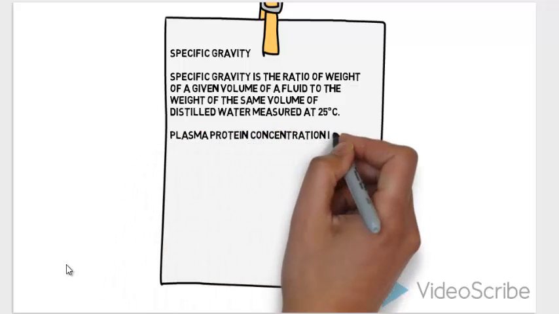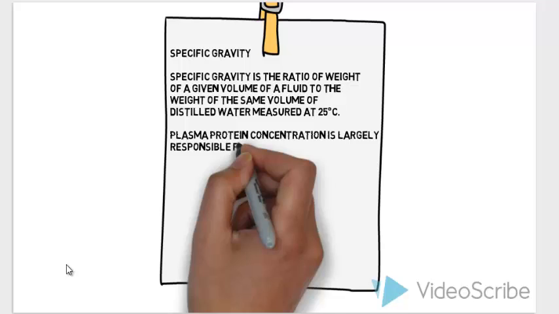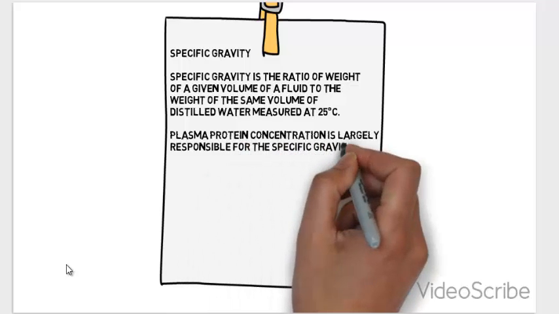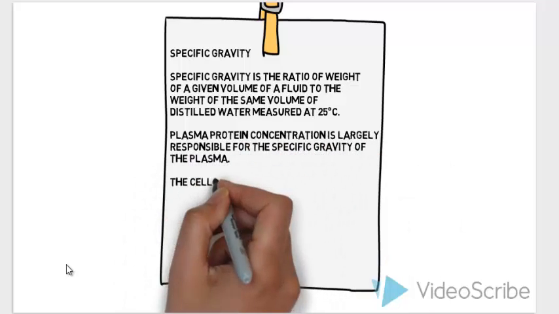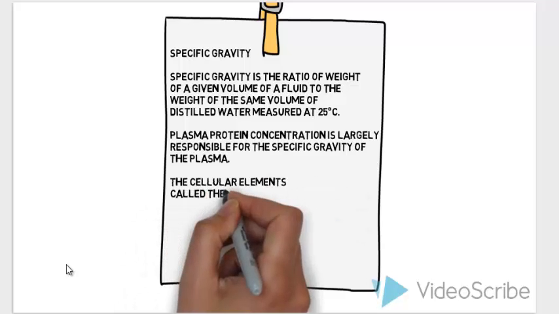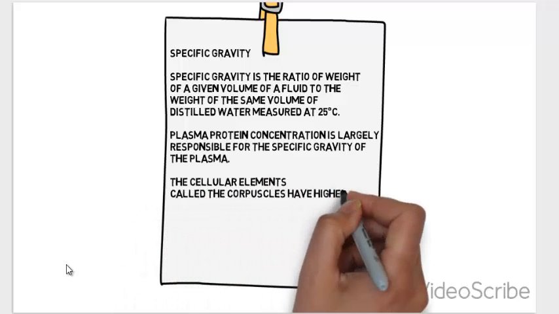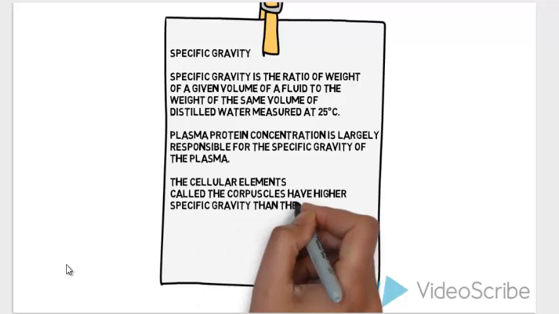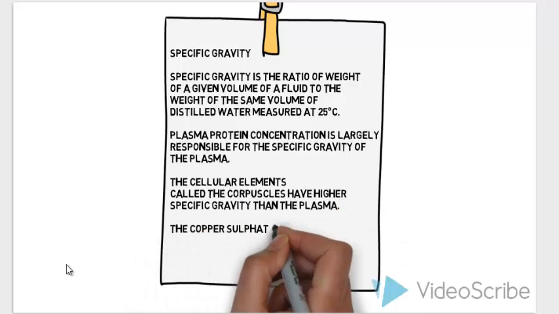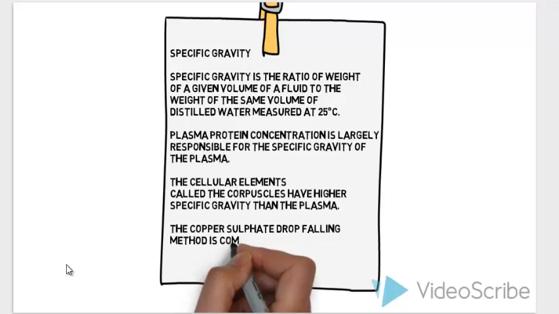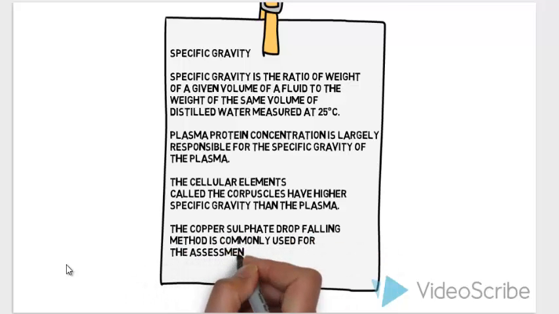Plasma protein concentration is largely responsible for the specific gravity of plasma. The cellular elements called the corpuscles have higher specific gravity than plasma. And the copper sulfate drop falling method is commonly used for the assessment of the specific gravity of blood and plasma.